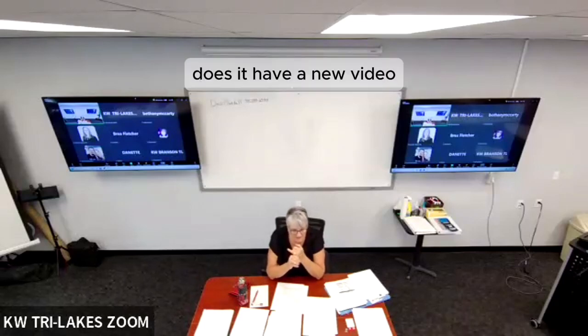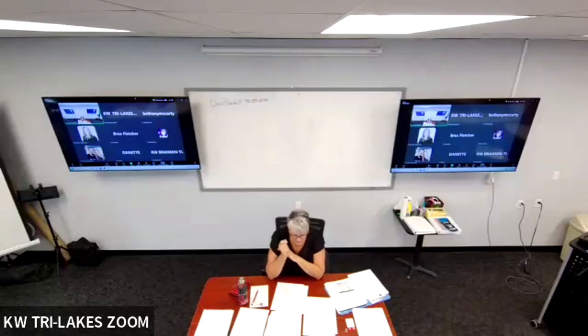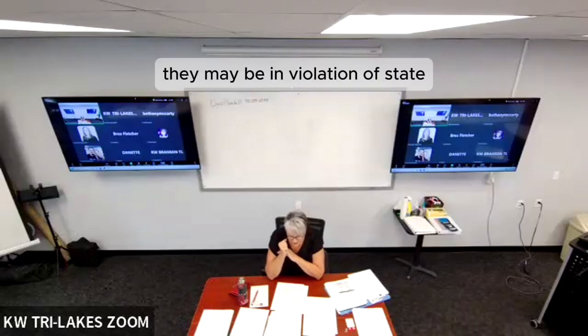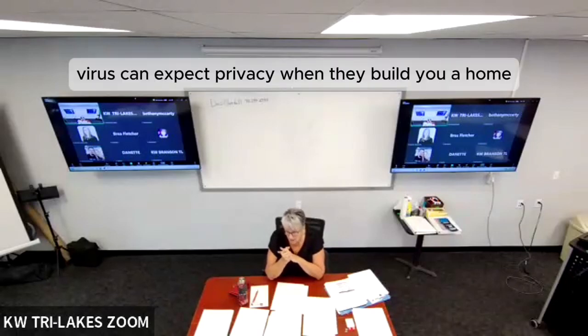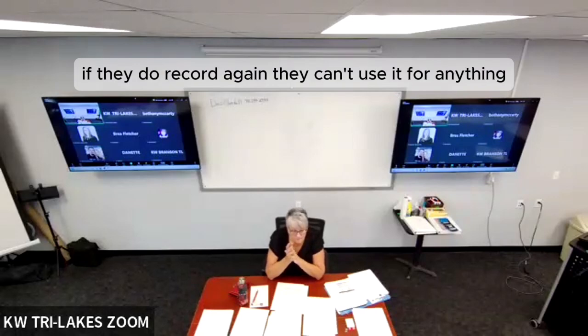If they have any video or audio recordings, that's fine, but they need to understand that they may be in violation of state, local, or federal laws regarding privacy. Buyers can expect privacy when they view a home. If they do record, again, they can't use it for anything.